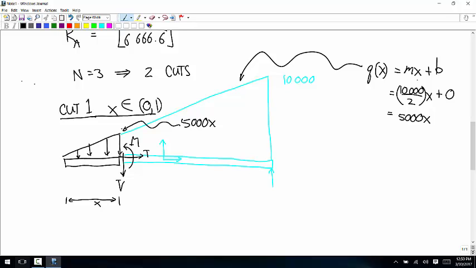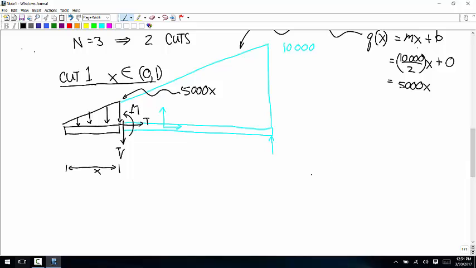Any questions about that yet? I'm just doing that for the right side of the piece we're talking about. That's just telling us how high that triangle is. The next thing we have to do is represent that triangular distributed load as a point force, because that's the only way we know how to deal with it.